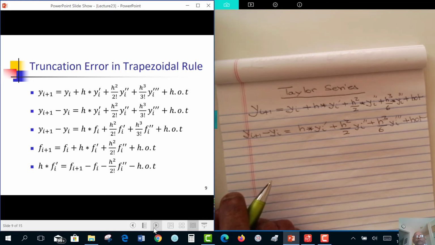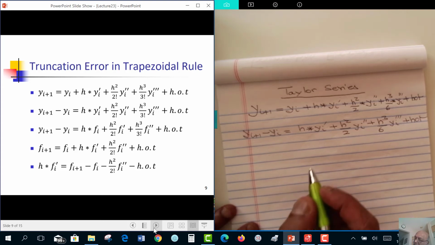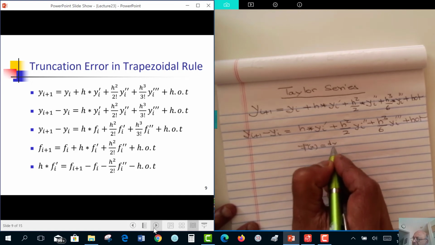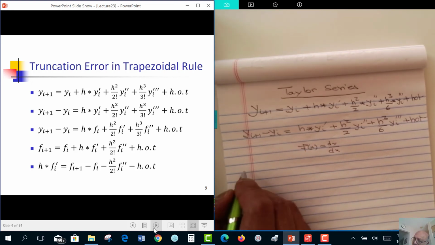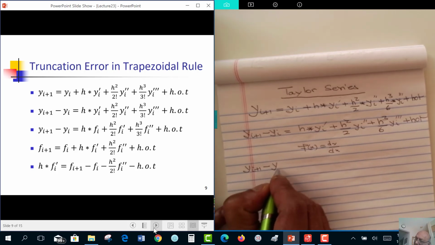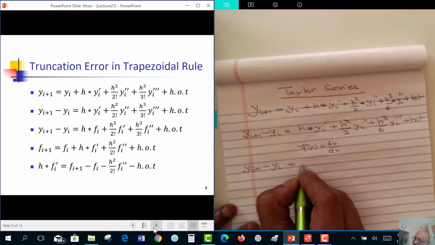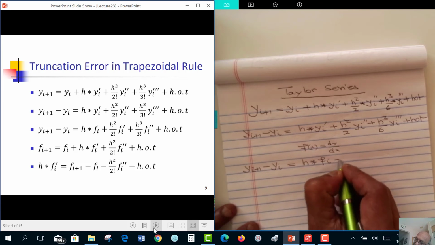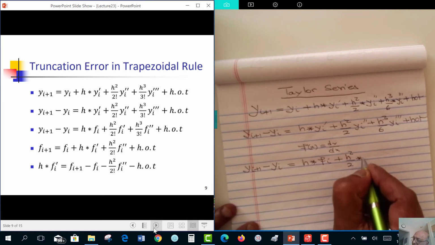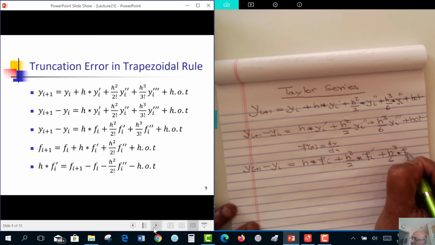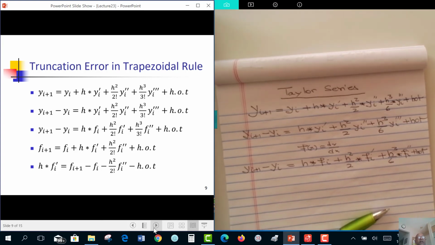Now remember, we defined our function as dy dx. So if we replace dy dx by the function, we'll get h times fi, h squared over 2 times fi prime, h cubed over 6 times fi double prime plus higher order terms. So this is my equation here.